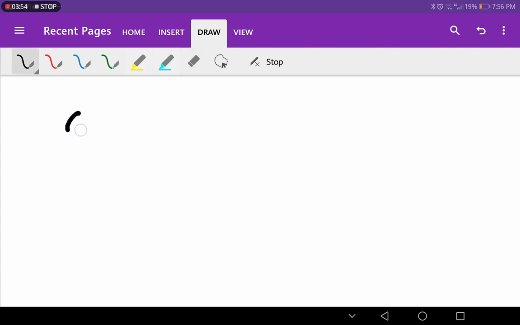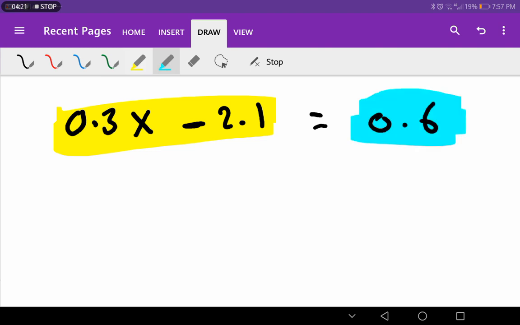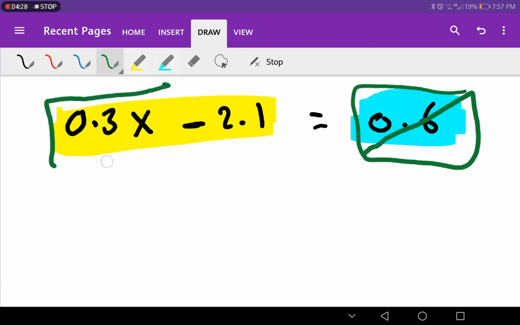For example, if you have 0.3x plus 2.1, or suppose negative 2.1, equal 0.6. How does it work? Left side, right side. Now we ignore this side, my dear student, and we ignore the coefficient.